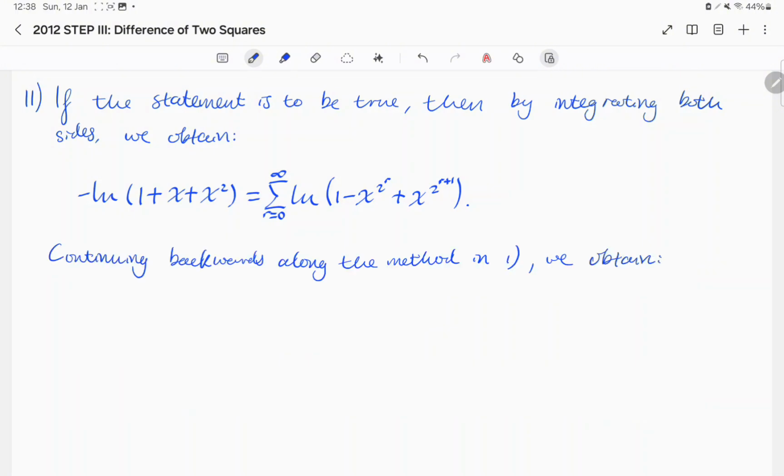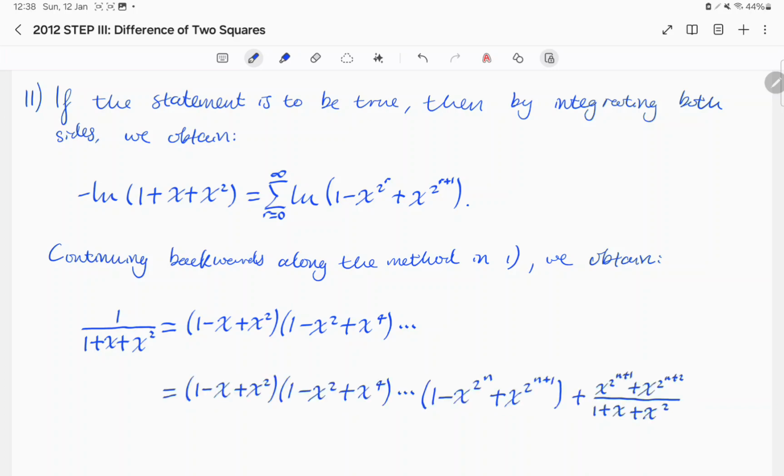Continuing backwards along the method in part 1, we obtain 1 over 1 plus x squared is equal to (1 minus x squared)(1 minus x squared plus x to the 4), all the way to infinity, which is equal to (1 minus x squared)(1 minus x squared plus x to the 4), all the way to (1 minus x to the 2 to the n plus x to the 2 to the n plus 1), plus x to the 2 to the n plus 1, plus x to the 2 to the n plus 2, all over 1 plus x squared.